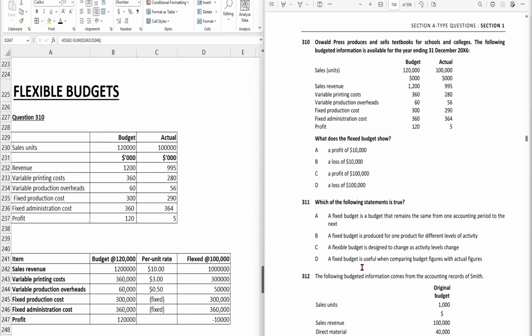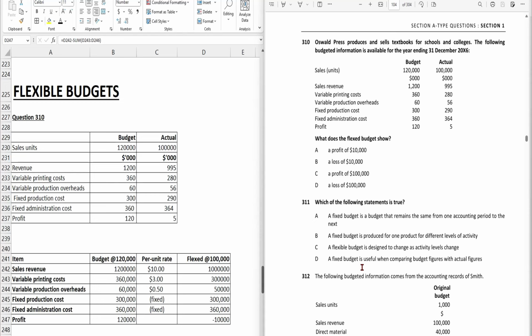A fixed budget is obviously where we prepare the cost and revenue figures for one level of activity, and that is not going to repeat for the next period. Budgets are usually made fresh for each accounting period. So that's why option A is incorrect.